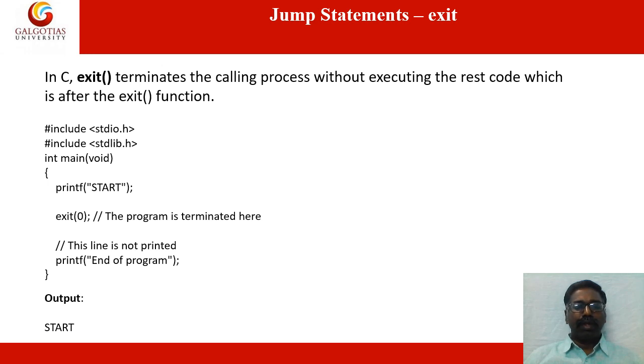Here you can see we have stdlib.h, which is used for the exit statement, and then we use printf start, and in the second line of the program we use the exit statement. Immediately the program gets terminated, and the printf end of program, the next line after the exit statement, will not execute.